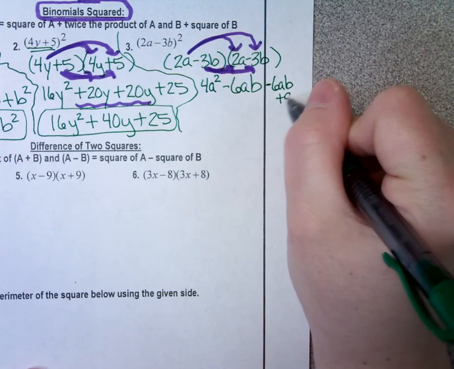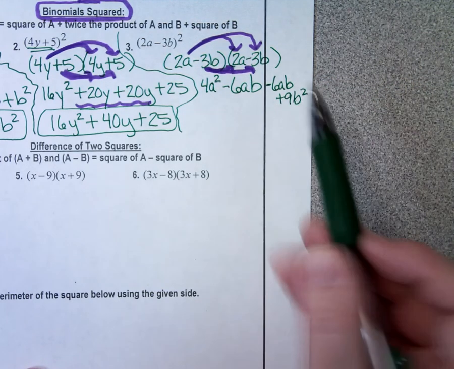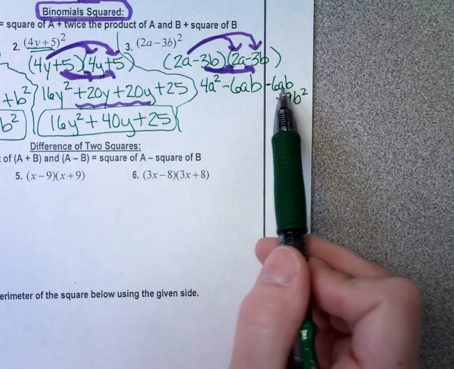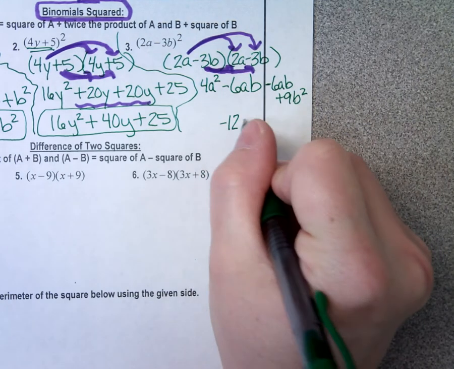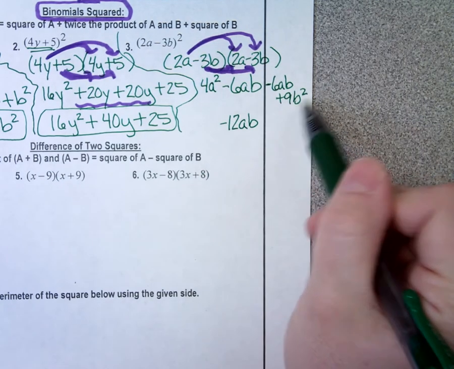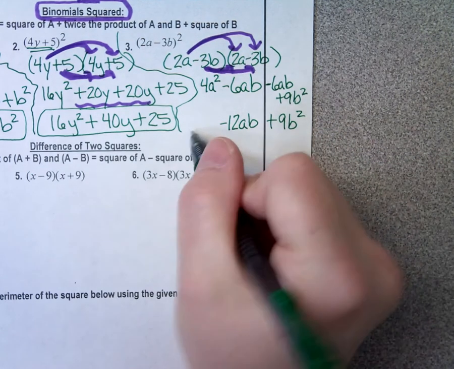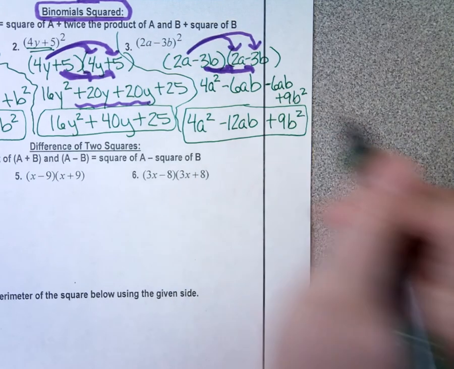A positive 9b squared. Okay, let's combine like terms. What does a negative 6ab and a negative 6ab combine to be? A negative 12ab. And then the positive 9b squared that's in the back, it just drops down. And the 4a squared that's in the front, it just drops down. And there it is.